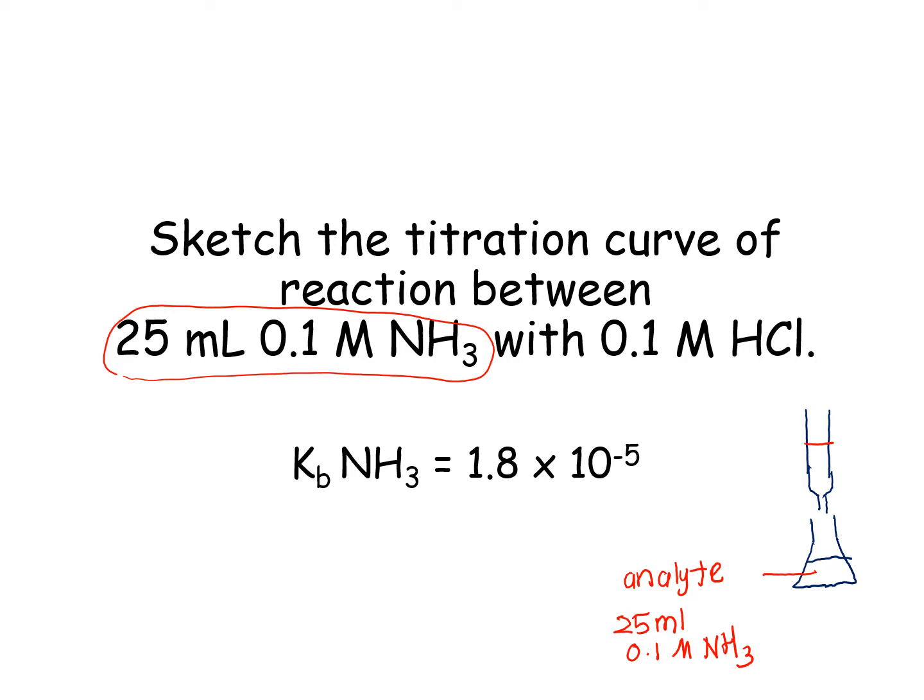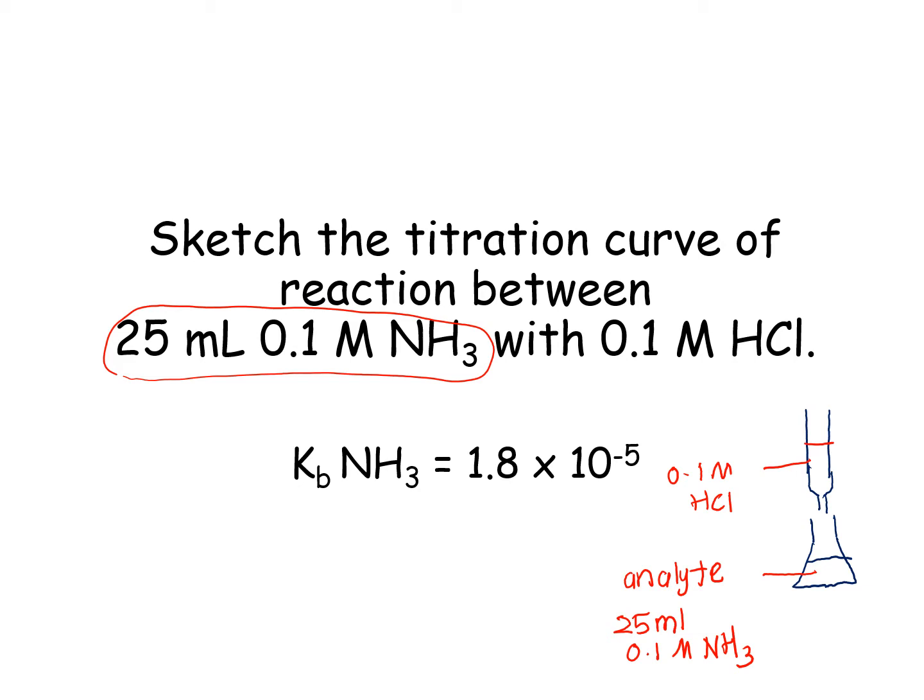My titrant right now, dekat dalam saya punya burette, saya letak 0.1 molar HCl. So please bear in mind, disebabkan kita ada perubahan analyte dan titrant, maksudnya sekarang analyte kita adalah base.